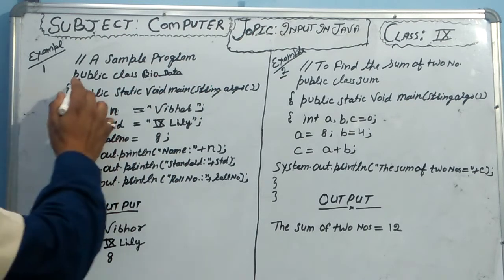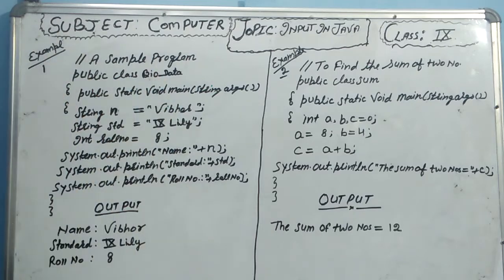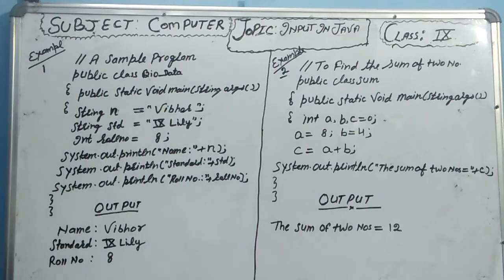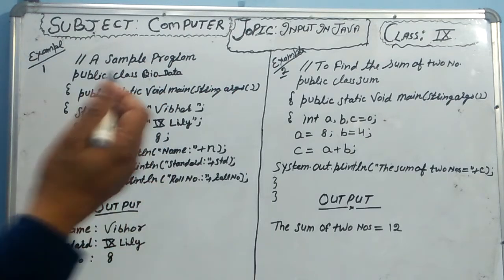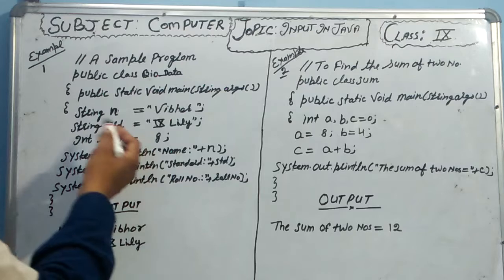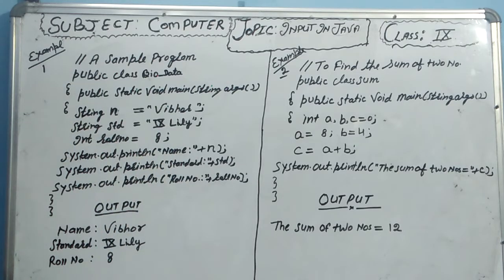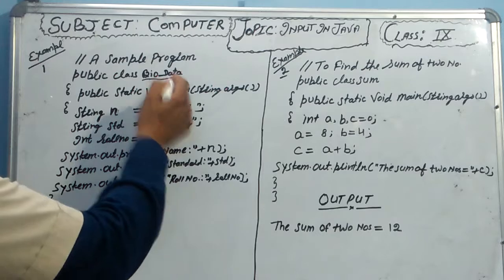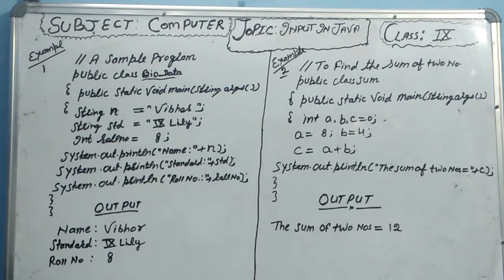Then after that we will define the class. In all the programs, the first line is the comment, the second line is the class. According to the question, you have to print the name, class and roll number, so the class name may be biodata.